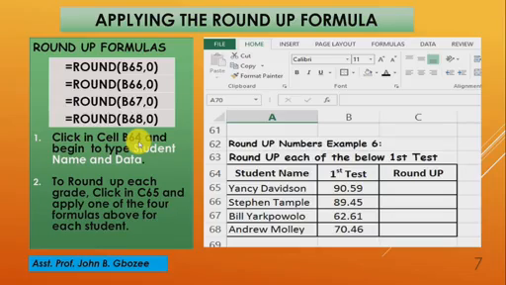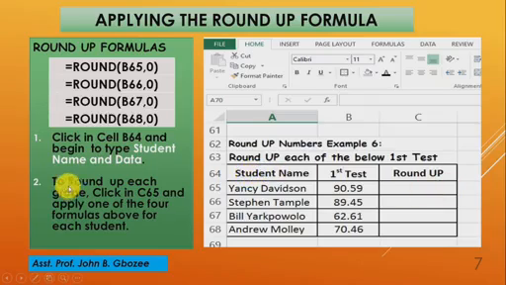Take note: instead of B64, it is actually A64. You're going to do the student name, as you can see, so just consider that to be A64. So we are actually clicking in A64 and putting the heading.